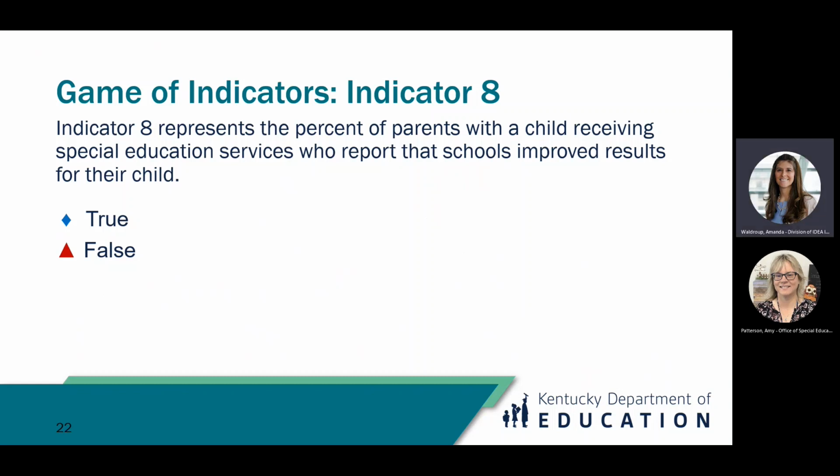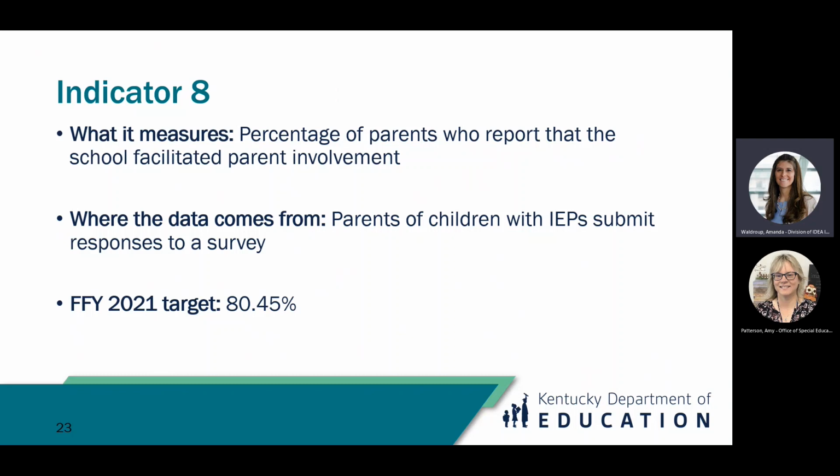Indicator 8 represents the percent of parents with a child receiving special education services who report that schools improved results for their child. True or false? The answer is false. Indicator 8 measures the percent of parents who report that the school facilitated parent involvement.